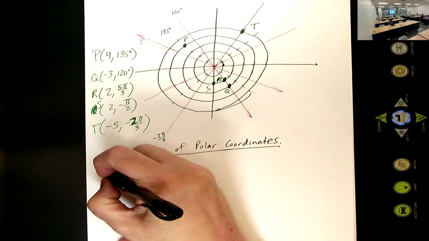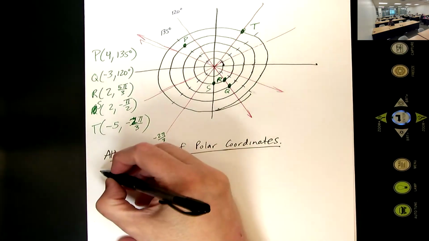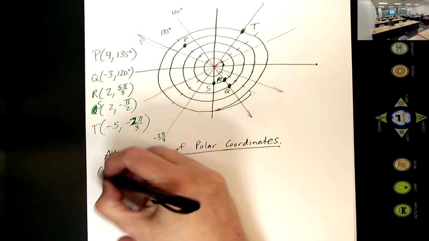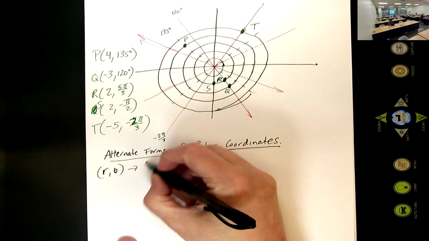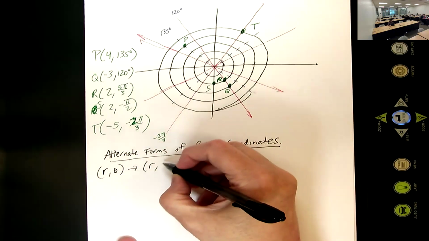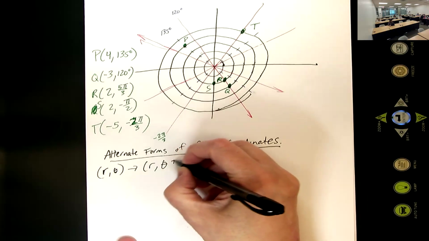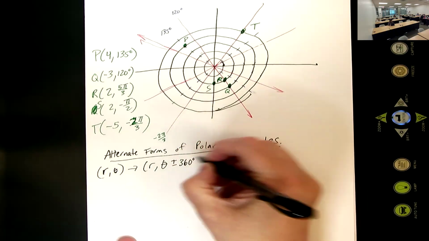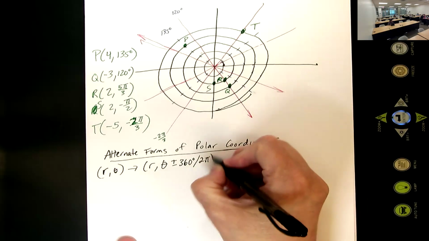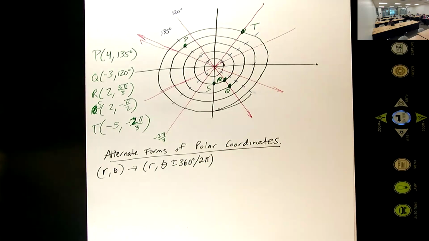The principle here is, if we have r, theta, we can use the same r with any theta plus or minus 360 degrees, or 2 pi if we're in radians, and we're going to hit the same point. We're just rotating around the circle one more time.